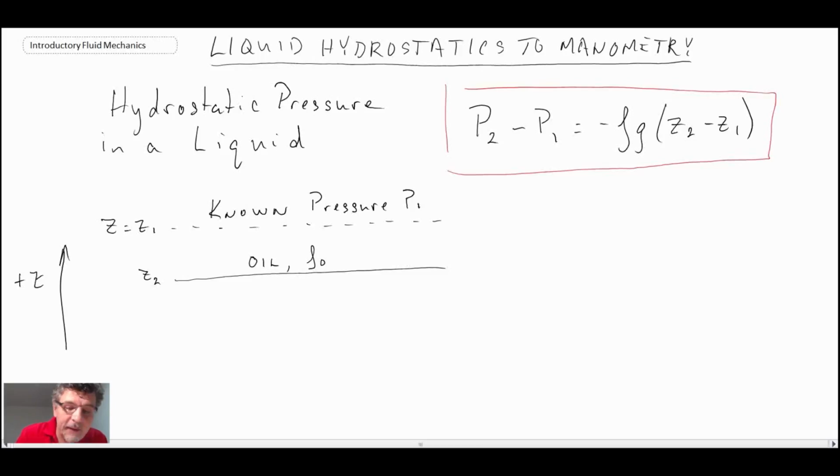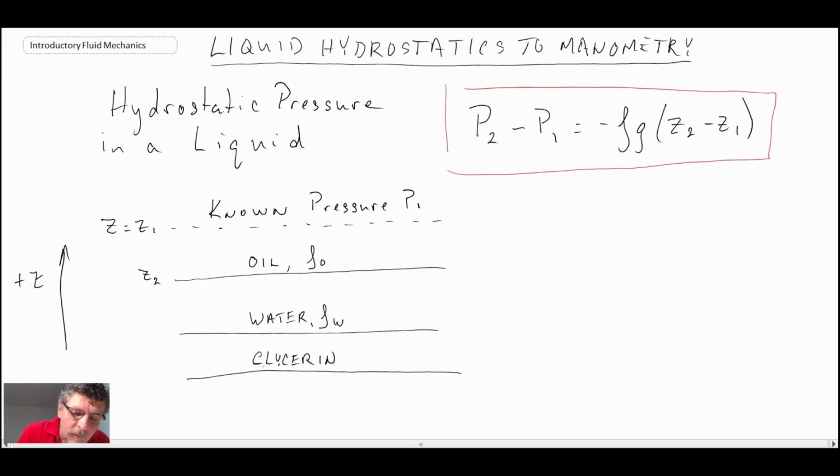Underneath, let's say we have a layer of water, rho W for the water. Underneath that we have glycerin, rho G for the glycerin, and finally, way down on the bottom, we have mercury.